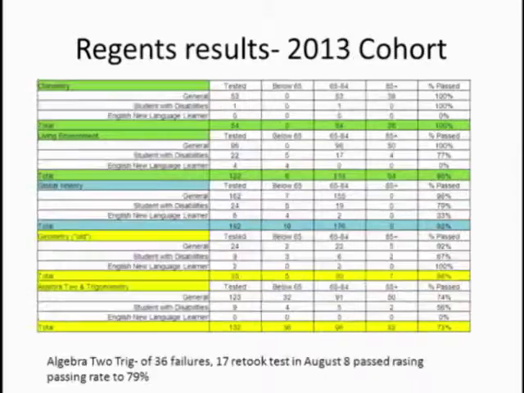Same happens when you move ahead to our current juniors. Chemistry 100%, living environment biology 93, global 92. All of those are required for graduation, or chemistry is not. But now here's an interesting phenomenon, and if I get upset about anything with the state, I am incredibly angry about Algebra 2 trigonometry.